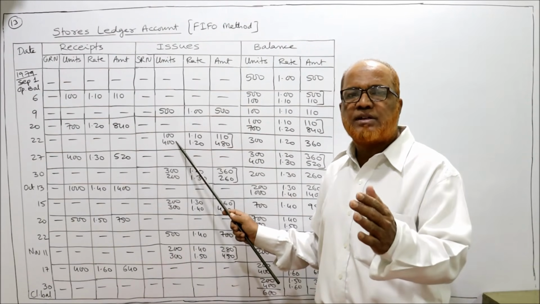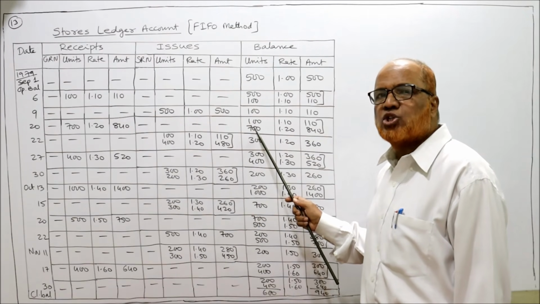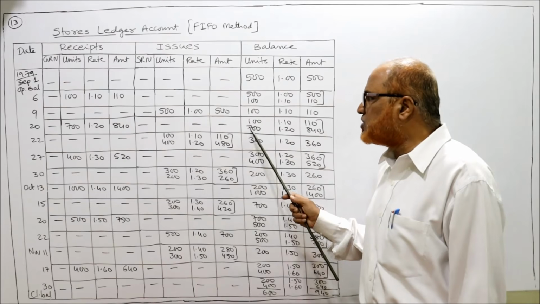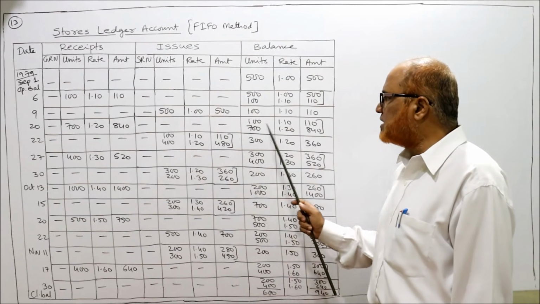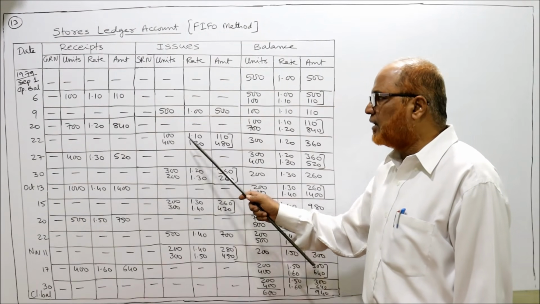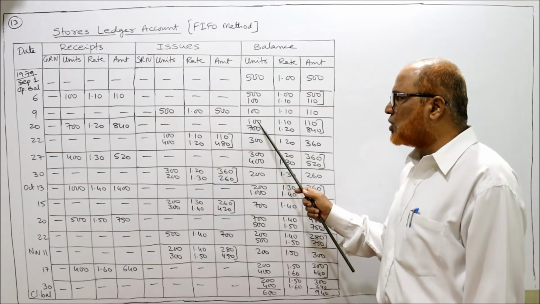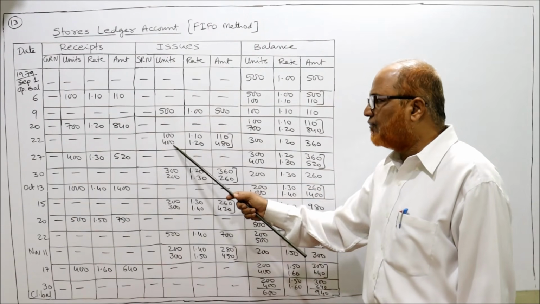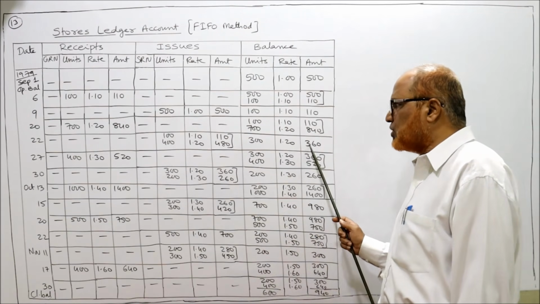So first we issue 100 and from the 700 we issue 400. So 100 plus 400, 500. This is 1.10 and this is 1.20. So 100 into 1.10, 110; 400 into 1.20, 480. Right? So these 100 units are exhausted. Out of 700, 400 units are issued. So 300 remaining at 1.20, 360.